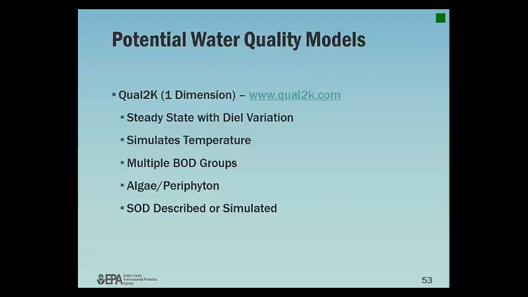This way you can either look at different discharges a different way or account for different reaction rates for BOD. It can do production and respiration of DO either through algae and or periphyton. You can describe SOD to the model, or it can predict the SOD as a function of the external loadings to the model. Again, a very, very capable model.